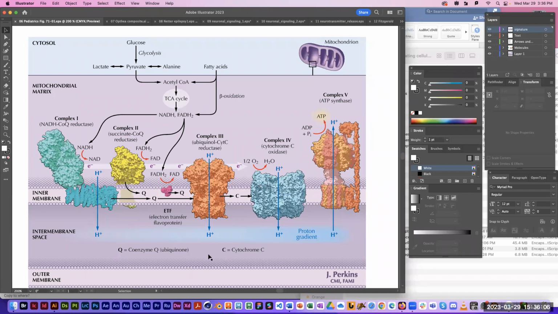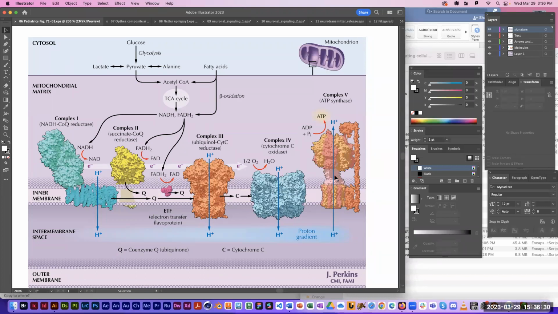And ultimately what happens here is it's all creating this gradient of hydrogen ions, this proton gradient, because the hydrogen ion is literally just a proton. And then these protons move from this intermembrane space back into the mitochondrial matrix. They pass through this molecule, which is ATP synthase.